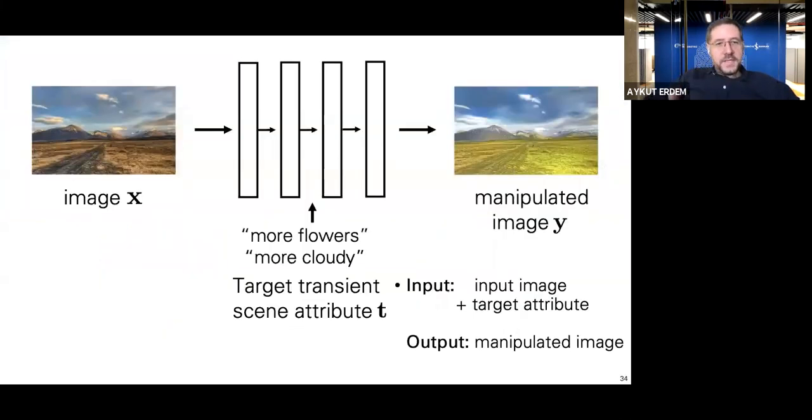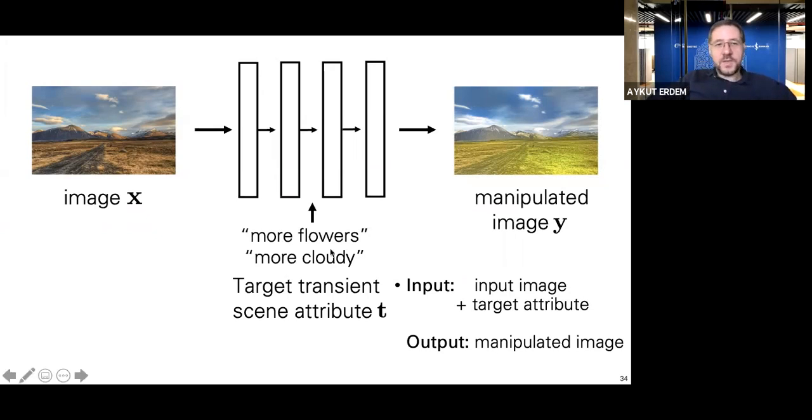So this slide just summarizes our task. We have an input image, like shown on the left-hand side. Here, instead of having a style image like the photo style transfer works, we take a set of target transient attributes.